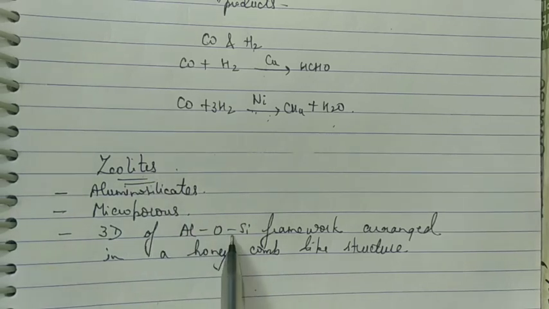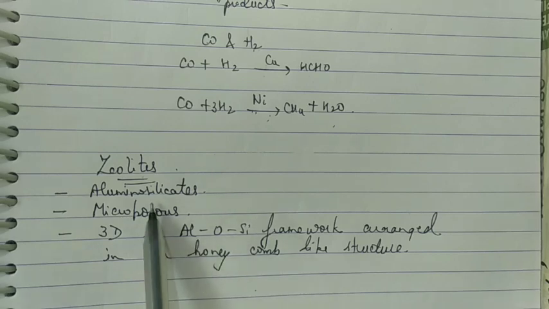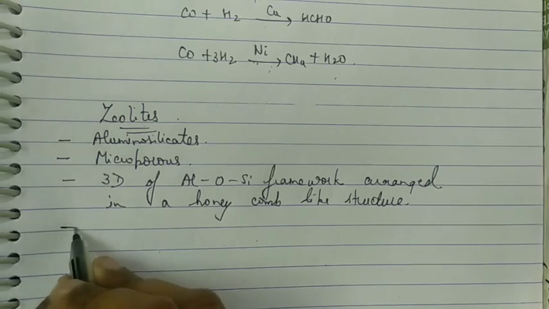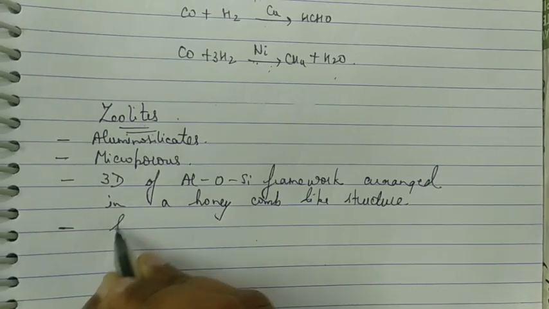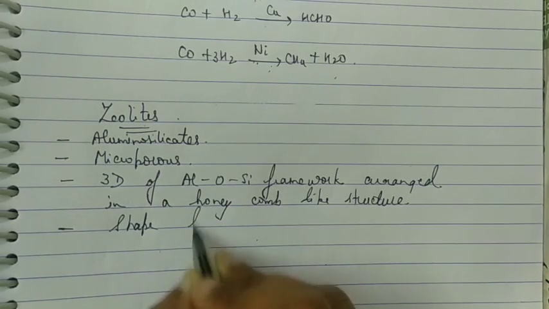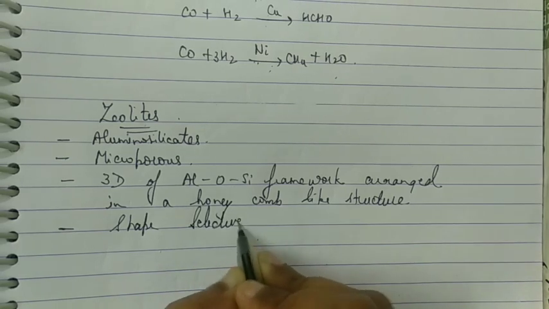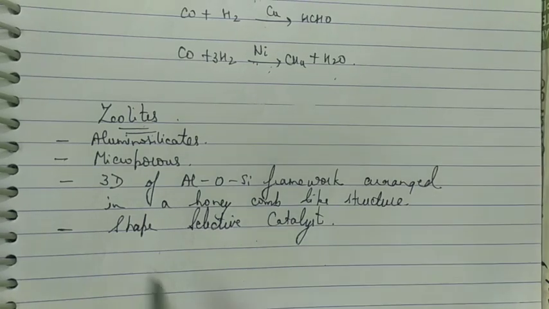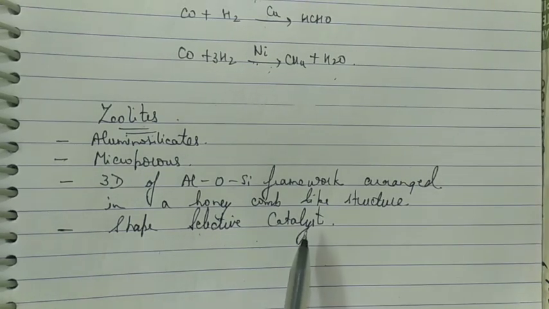Now a very important feature of zeolite is that it is known as a shape selective catalyst. Now why is it known as a shape selective catalyst? Because when zeolites act as a catalyst, they have free valencies on their surface.